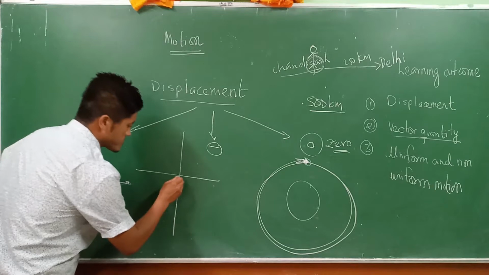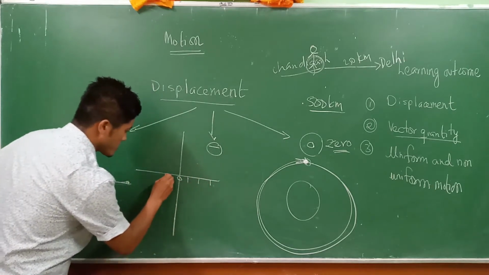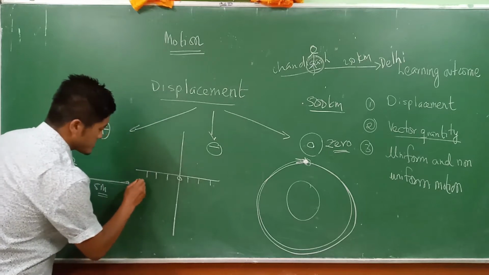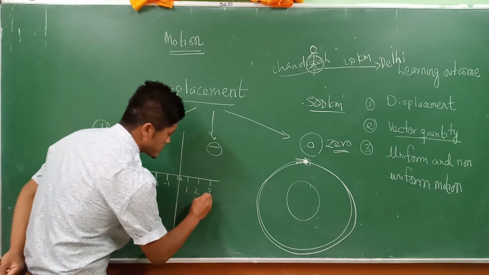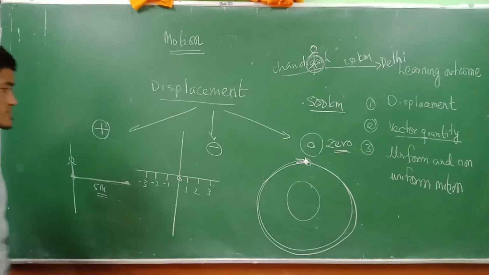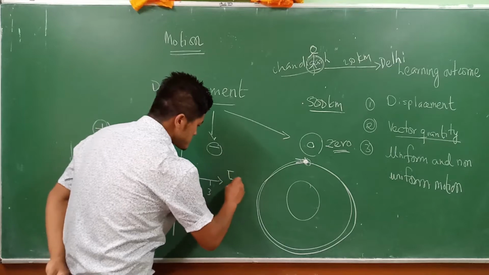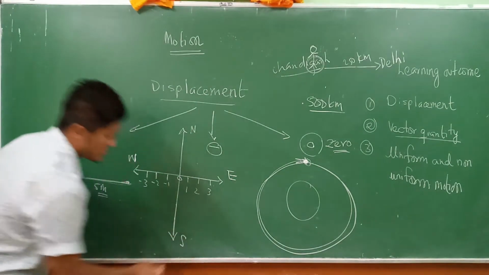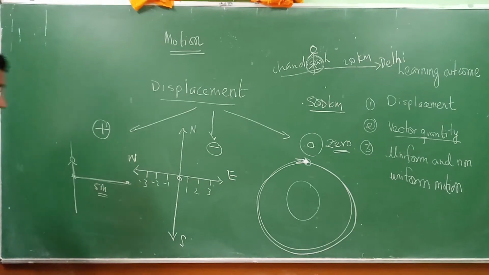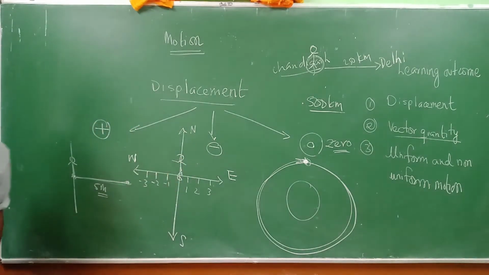Now talking about negative displacement, I'm going to draw one small graph here. Okay, so this is 0. This is -3, -2, -1, 0, 1, 2, 3. Okay, so this is north, east, west, south. Now there is a person standing over here at 0.